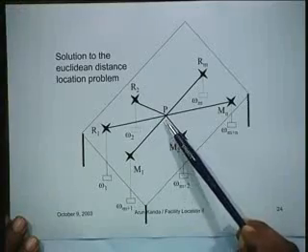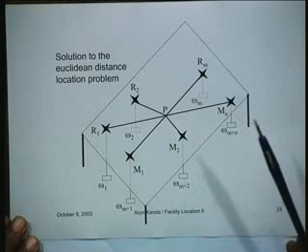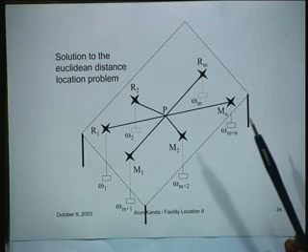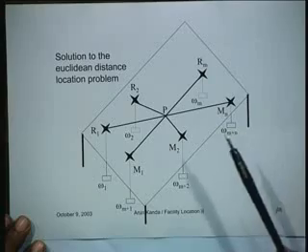If you now look at the Euclidean distance location problem, which is the third problem we are talking about, you will recall that one simple way of solving it is by using the mechanical analogy developed by Varignon, in the frame that we call the Varignon frame.